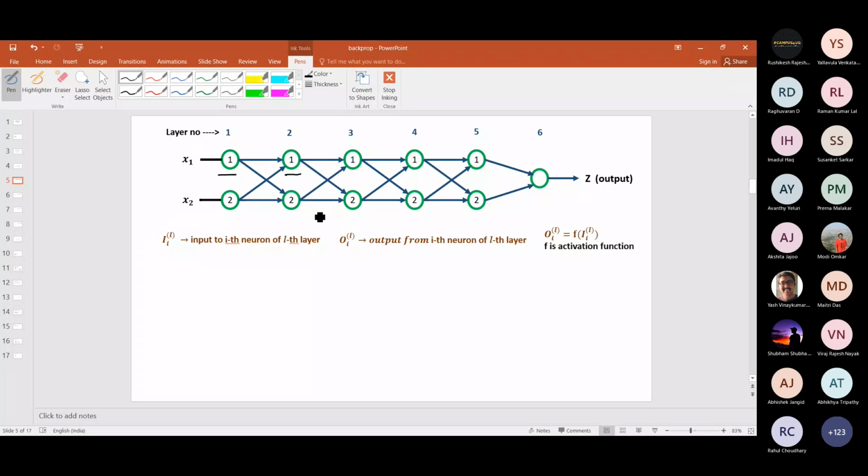I simply numbered the node numbers from top to bottom so that you can understand. The layer numbers are 1, 2, 3, 4, 5, 6, and the node number 1 means the first neuron in layer number 2. Just the notation, you could have used a different notation, not a big deal.